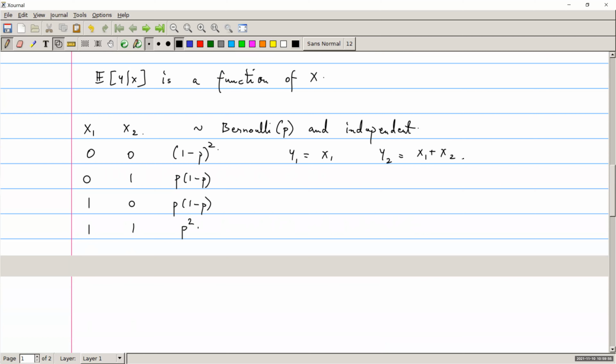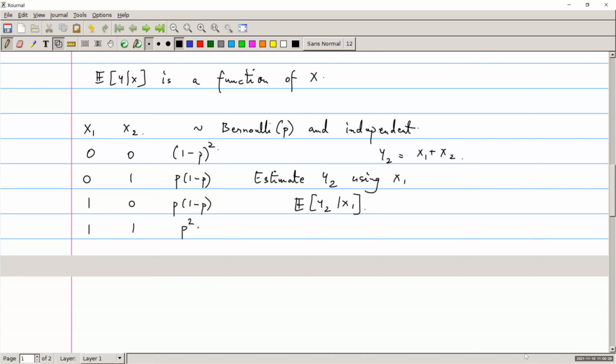We want to estimate y2 using x1, and we'll estimate x1 using y2. We'll do both. We are going to use the expectation of y2 given x1.